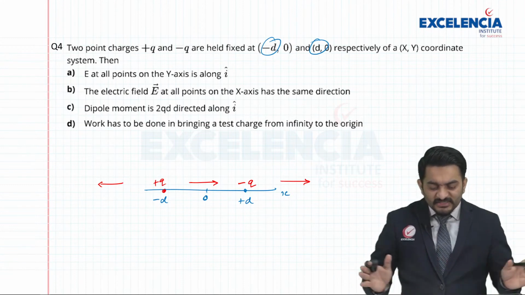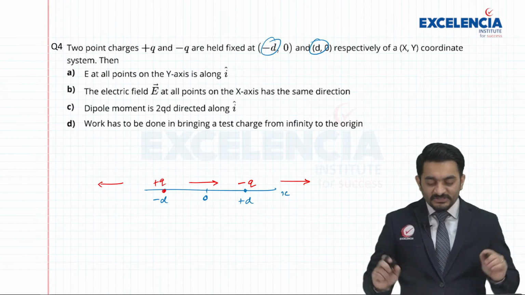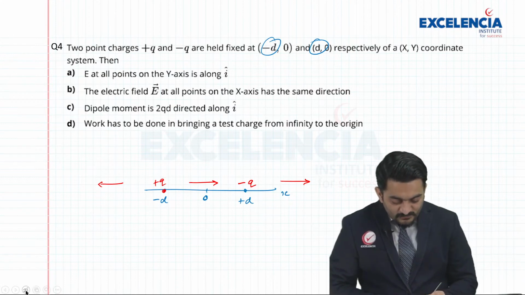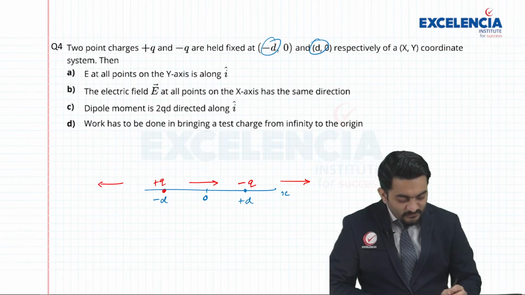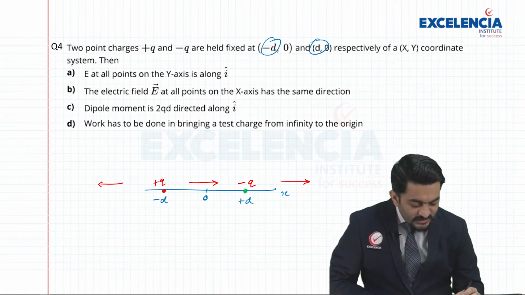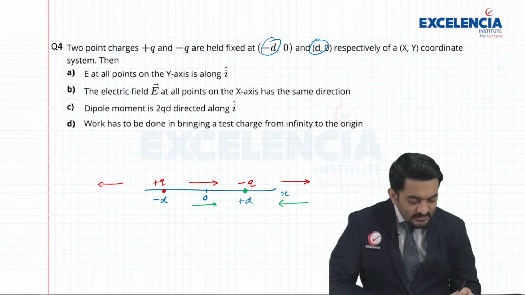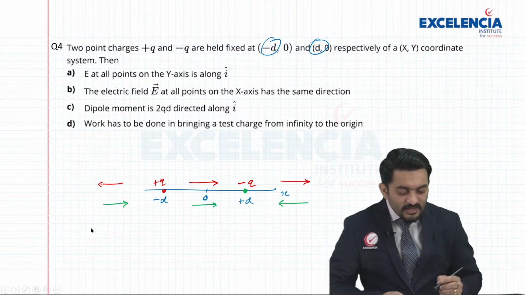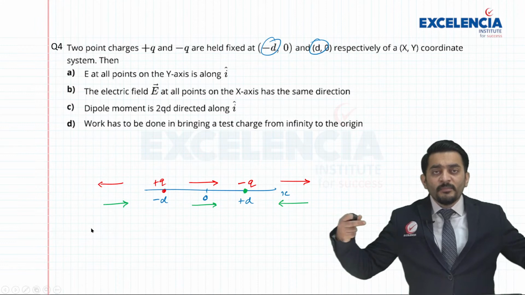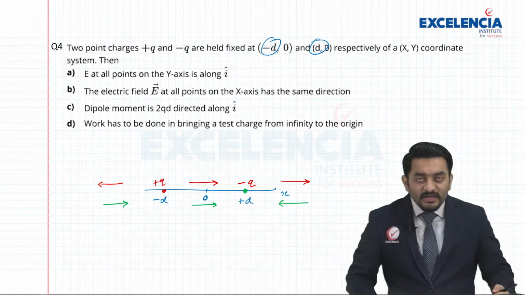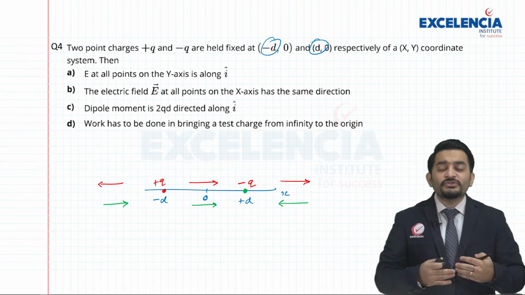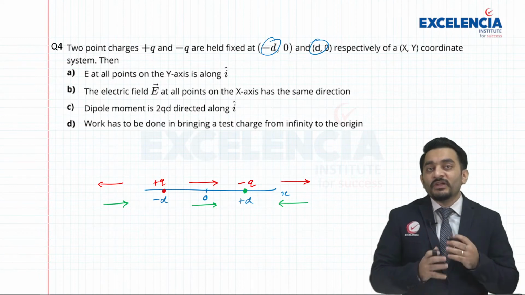You can see at every single point the electric field is going away from the charge. When I visualize the electric field of a negative charge, it is radially inward. So everywhere the arrows I am drawing are coming towards my negative q. This is the way I should be able to visualize the electric field first.